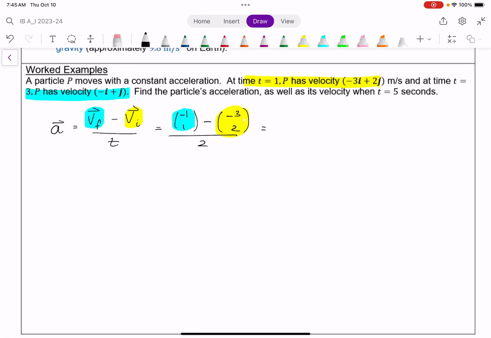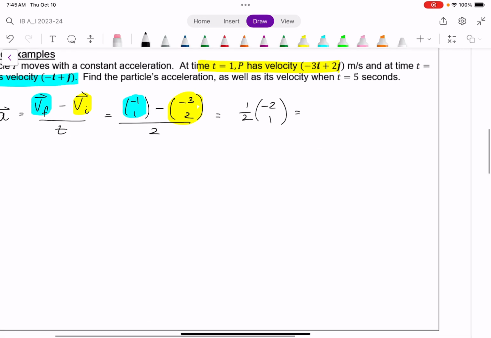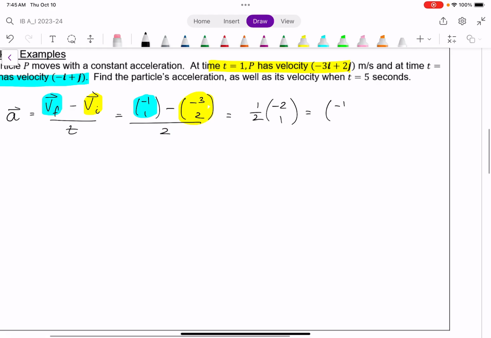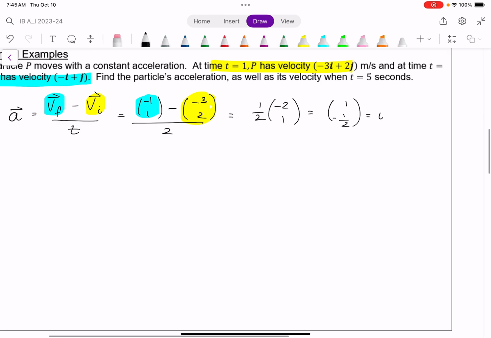If I just subtract my numerator, I get (-2, 1) as my column vector. Dividing by 2 is the same as multiplying by 1/2. So in that case, I get a vector of (-1, 1/2). Or going back to my components, I can write this as (1, -1/2). There you go. And I can write this as a component of i minus 1/2 j.